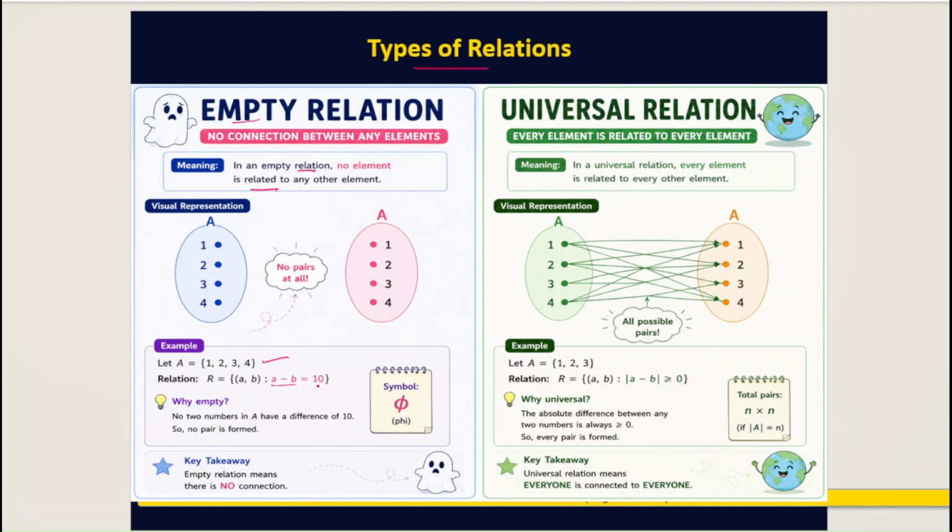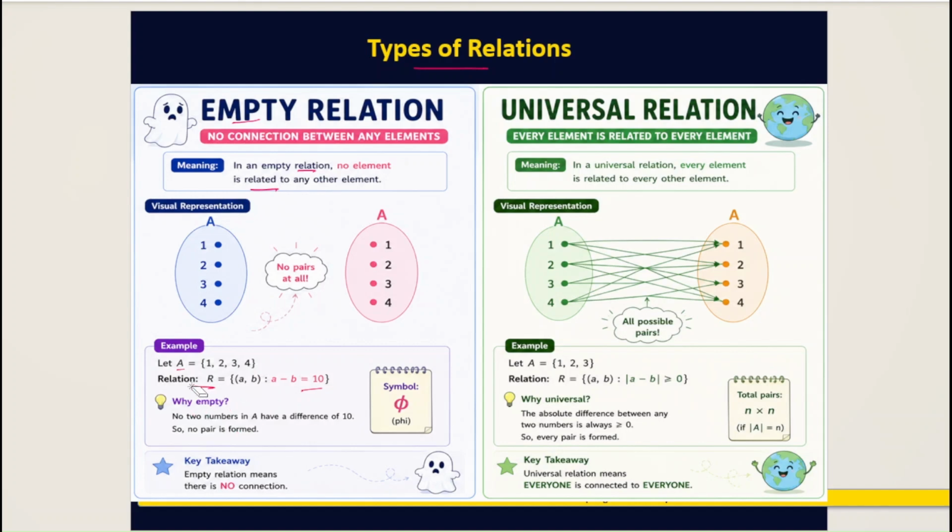What is the meaning of this? If we are selecting any two numbers from set A, this relation will only exist when the difference of the two numbers is equal to 10. That means a minus b should be equal to 10, then only this relation exists.